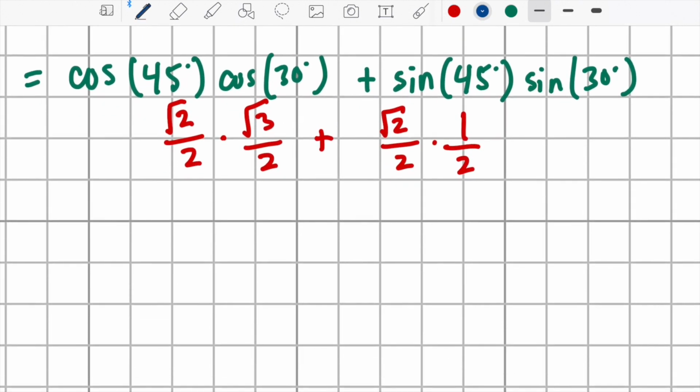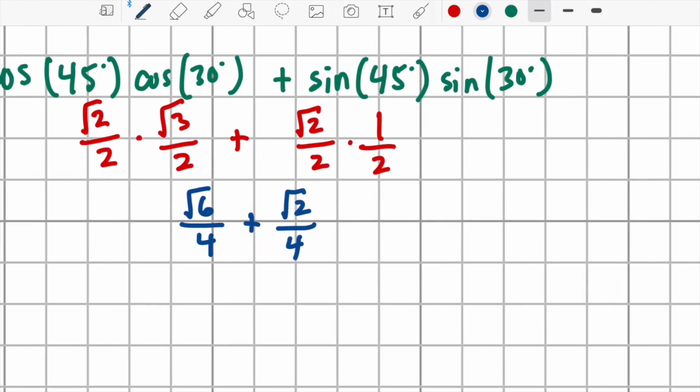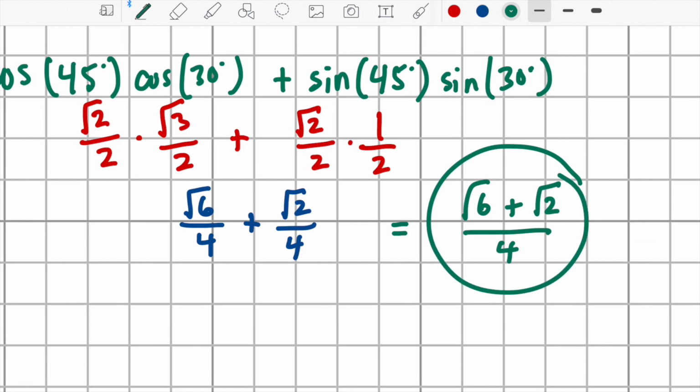The first term gives me square root of 6 over 4 plus the second term, square root of 2 over 4. That simplifies to square root of 6 plus square root of 2 over 4, and that is the cosine of 15 degrees, the exact value.